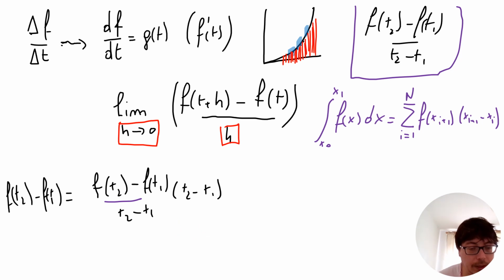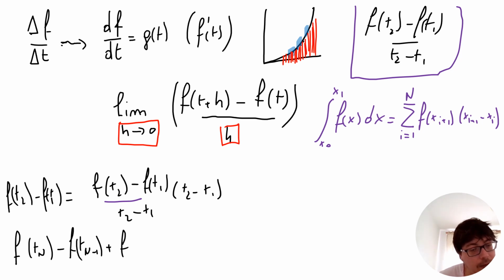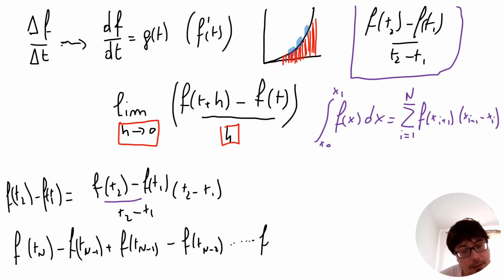differences of 2 points, so for example, let's call this f t of n because we are refining our steps, and then this is f of tn minus 1, and then we sum the next, which is f tn minus 1 plus f tn minus 2, etc., up to ft0.